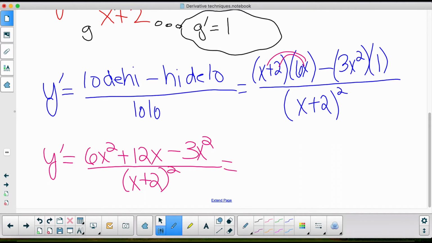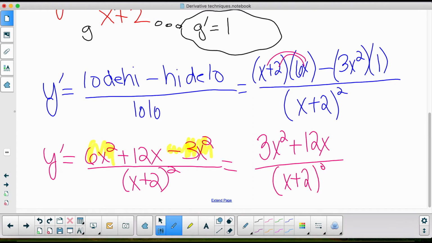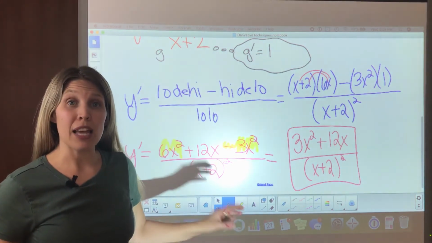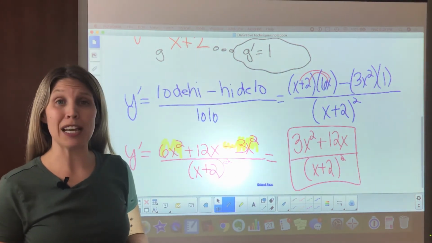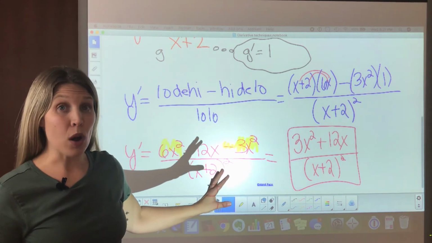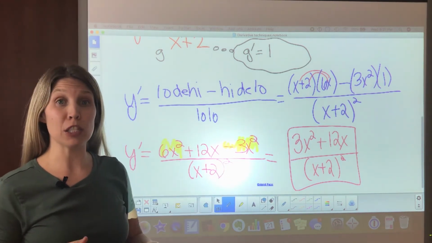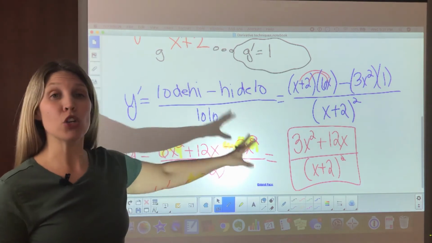I can combine like terms, and hopefully you're seeing we've got a 6x squared here and a minus 3x squared over here. So that will give us 3x squared plus 12x all over x plus 2 squared. You could probably leave your answer like that. You may want to check with the teacher or the textbook to see how they want their answer written, or if at this point you need to plug in an x value, you can do that at this point.